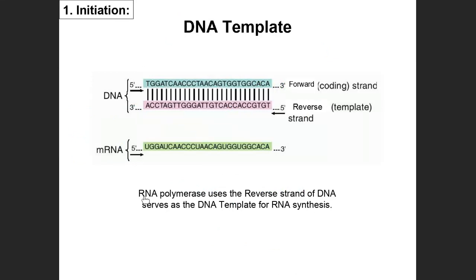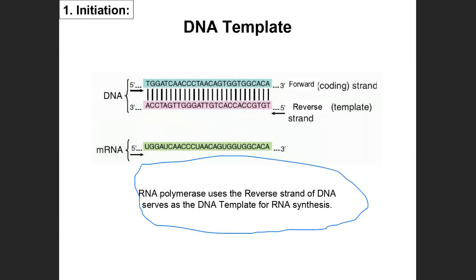What will happen is that RNA polymerase, when it locates the promoter and slides over to the gene and unwinds the parent double-stranded DNA, it then identifies which strand is the reverse strand.